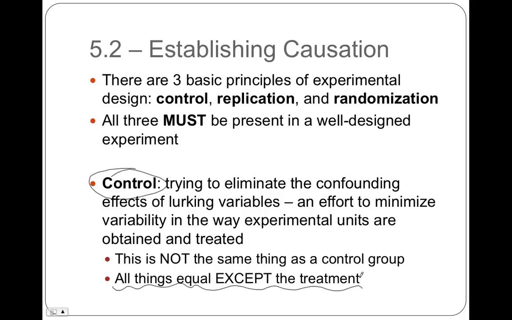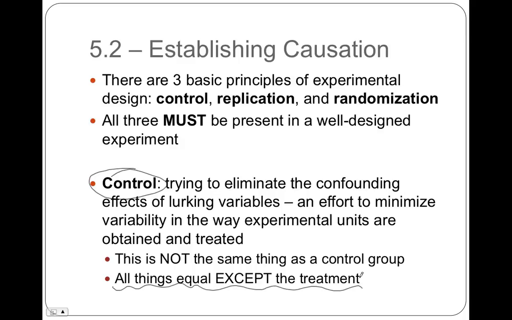What this means is, say I'm testing 2 different types of fertilizers on plants. In order to have control, everything else about the plants needs to be as similar as possible. I want them to be the same type of plant. I want them to be in the same soil. I want them to be receiving the same sunlight. I want them to be receiving the same amount of water and the same quality of water.